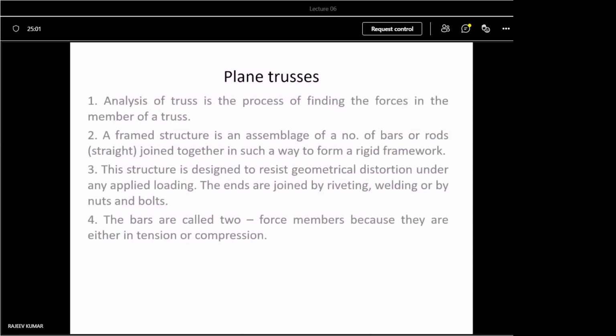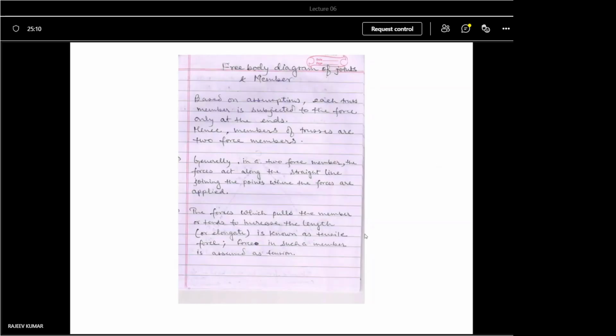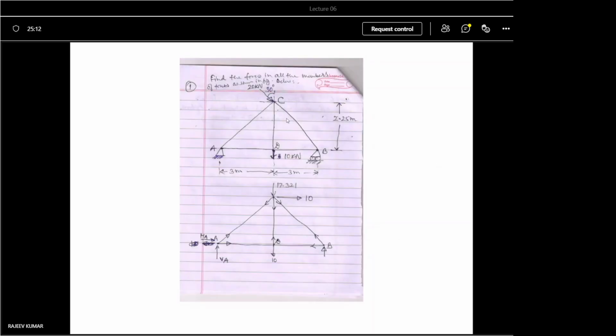Okay, so these are the assumptions that we have discussed. First, truss members are connected with frictionless pins. Here, a frictionless pin means the joint is connected by a pin, and between the member and the pin there is no friction.